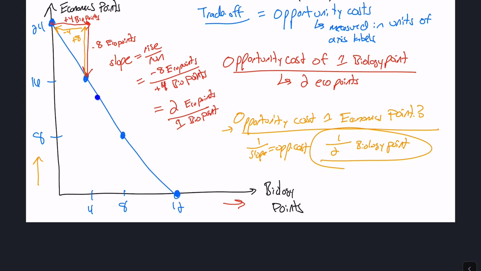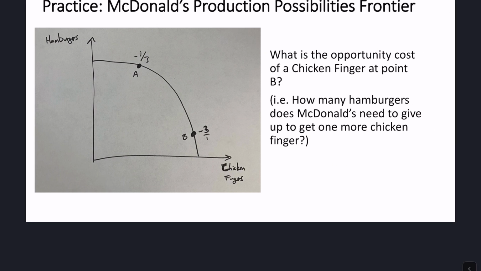So the slope of our PPF is our opportunity cost going out in this direction. Because the slope doesn't change, the opportunity cost doesn't change. Here, with this curve on this PPF, it's showing you that the slope is changing, right? As we go along this curve, it's getting steeper and steeper, more and more negative. That means that the opportunity cost is changing depending on where you're at.